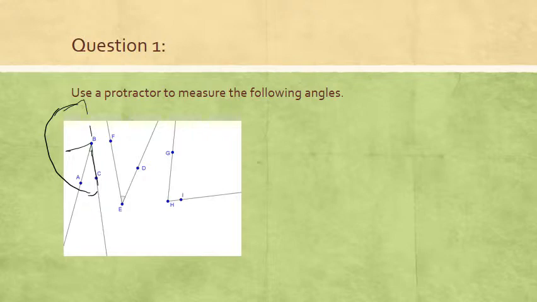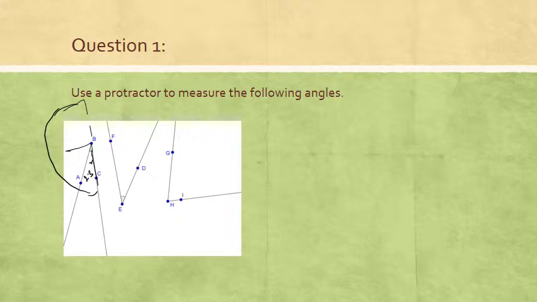Imagine this is our protractor. Which zero sits on the ray, we start following the set of numbers after this zero. So it will be 23 degrees.